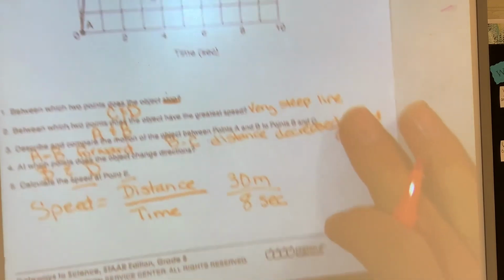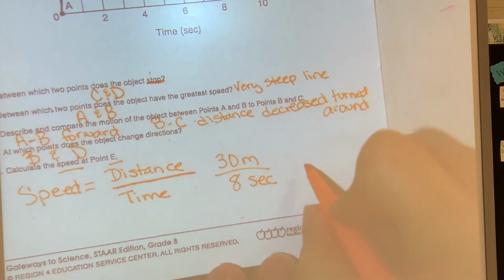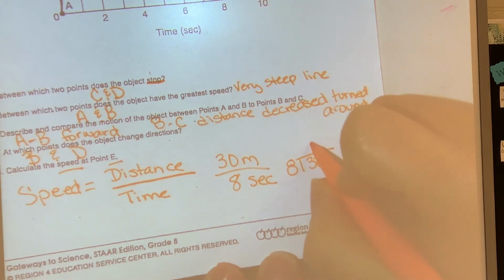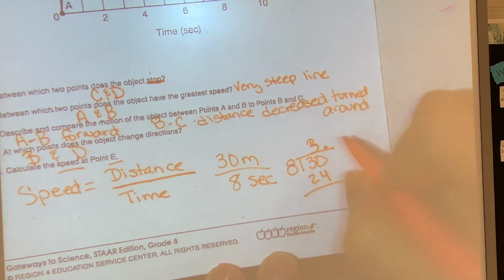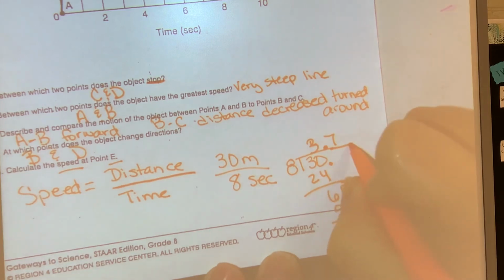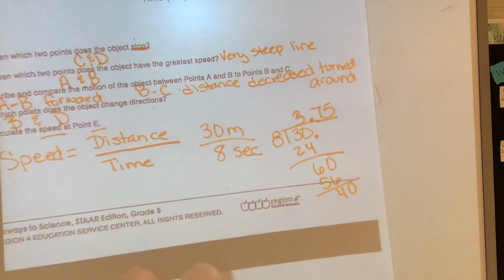So when I do that math, I'm going to put into my calculator 30 divided by 8, which is going to give me 3.75.